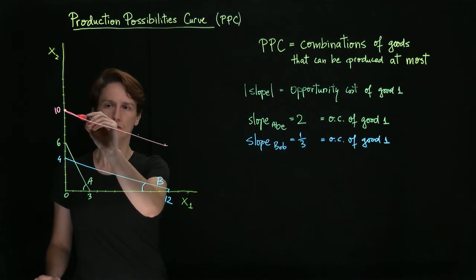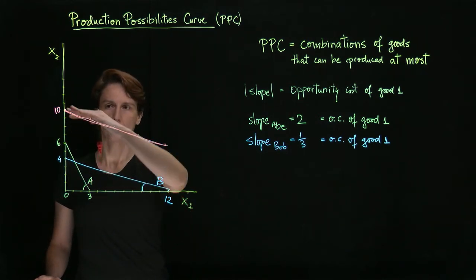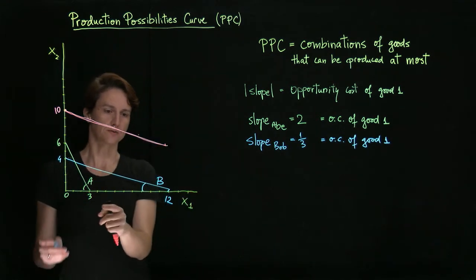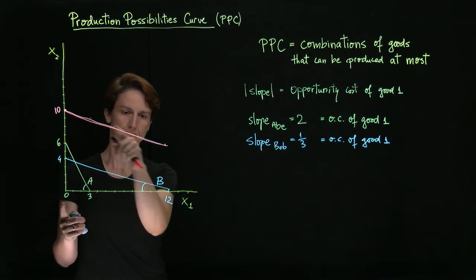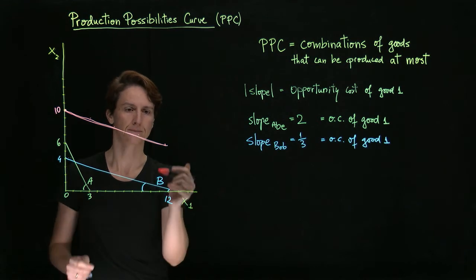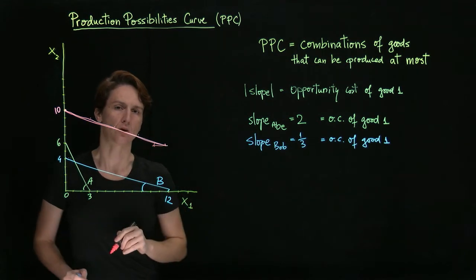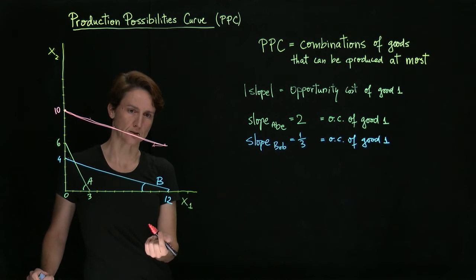So the joint production possibilities curve, the initial segment over the first 12 units of good 1, will have the same slope as Bob's PPC, because that reflects Bob's trade-off rate, his opportunity cost.